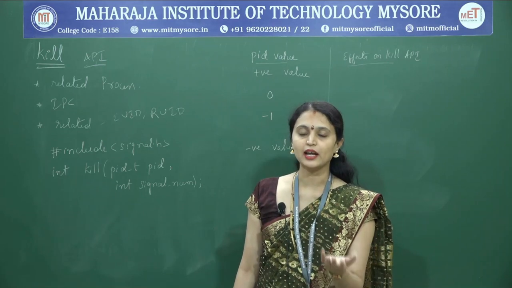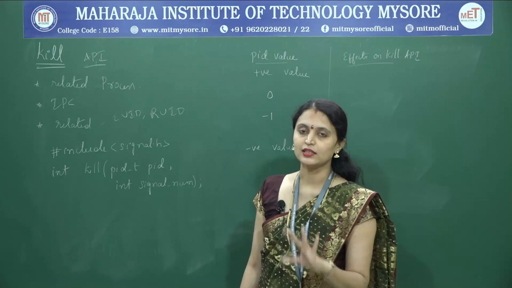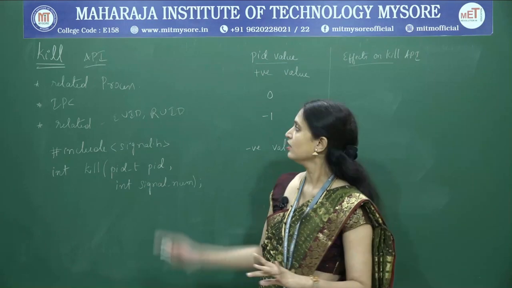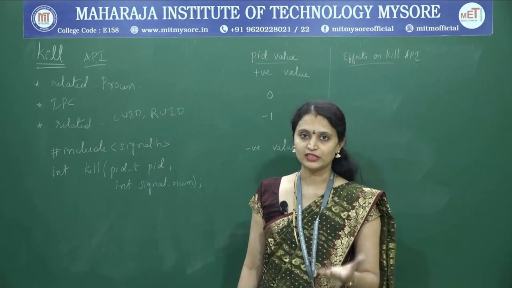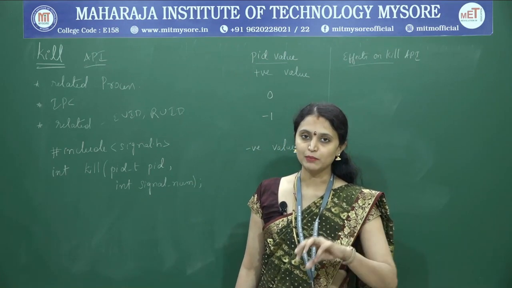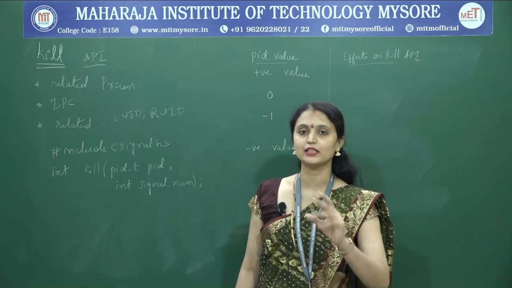Only if the sender and the receiver process are related can the sender send the signal by using this kill API. For example, parent and child processes can communicate with each other by using the kill API because they are related.